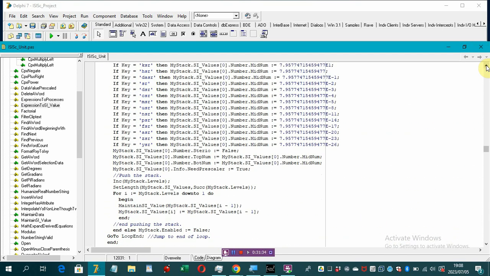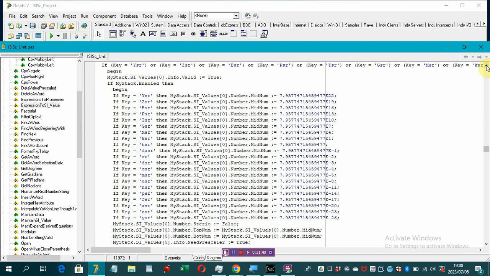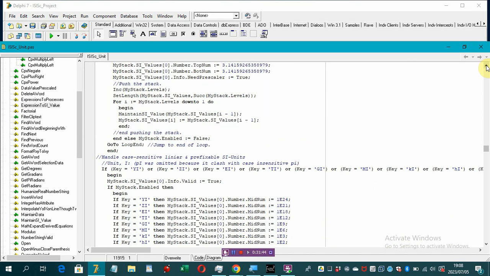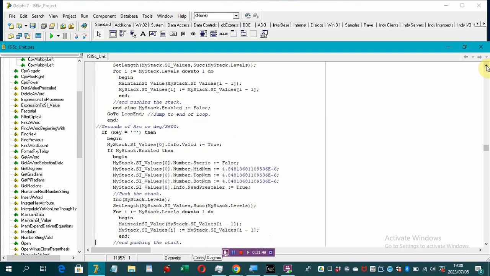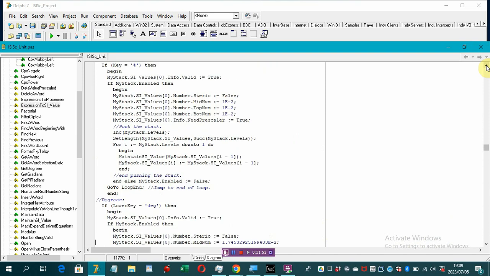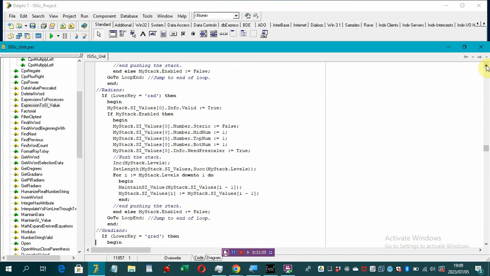Let's go up a bit. It's very dark. See, when you get these long lists, you see that's units. Let's go to meter or something. No, that's not units. Let's go down again.